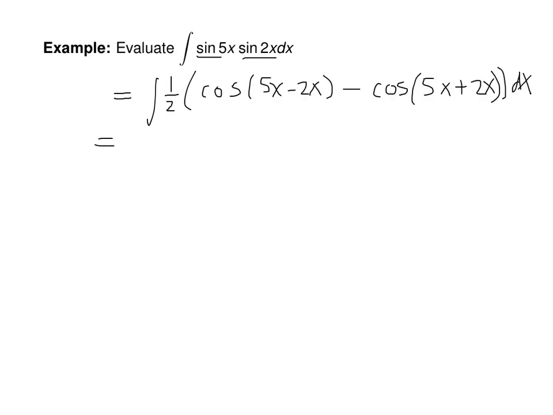So that gives us 1/2 times the integral of cosine of 3x minus cosine of 7x.